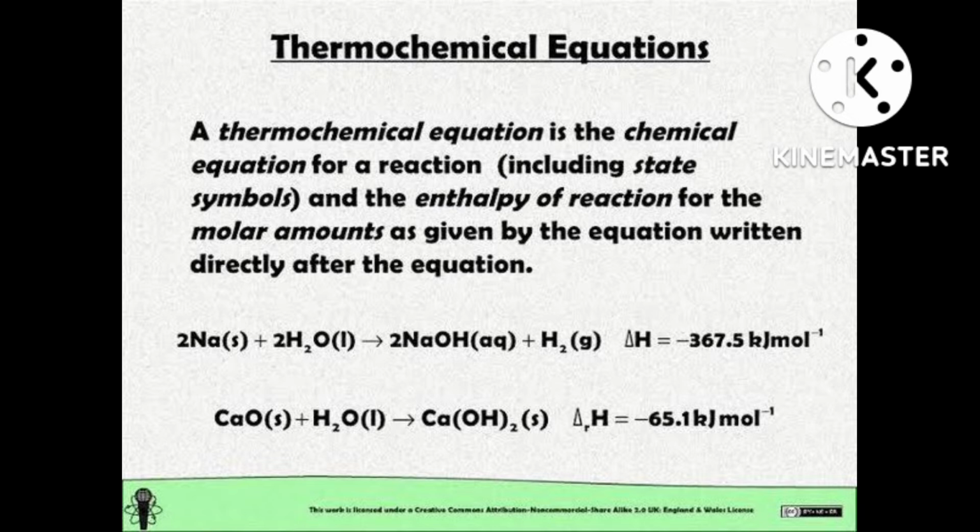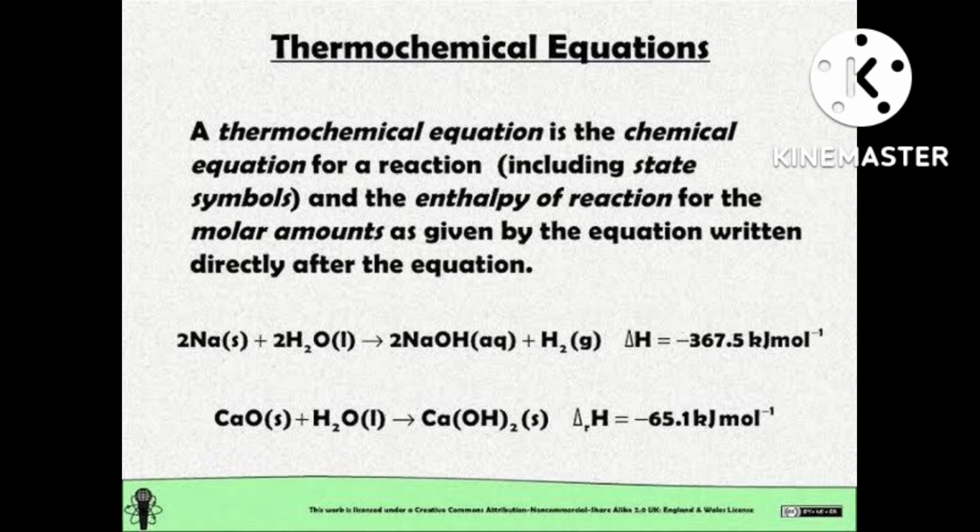Then you put all the values: delta H is 40.66 kilojoule per mole, R is 8.314 joule per Kelvin per mole, n is 1, and temperature is 373 Kelvin.